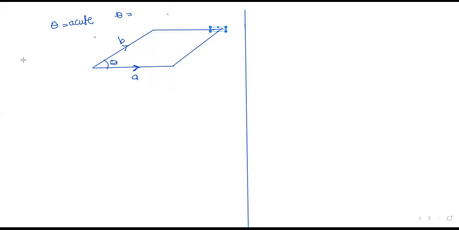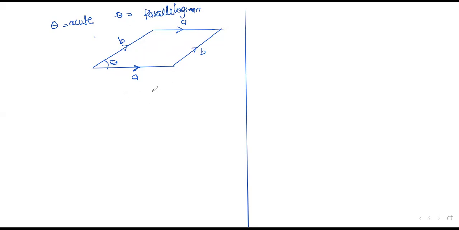Once this is the equal component of this, same magnitude, same direction, we can also call this B. Once this side is also equal to this, same magnitude, same direction, we can also call this A. Having done that, we have this shape known as a parallelogram. So we are resolving the vectors into a parallelogram of vectors.